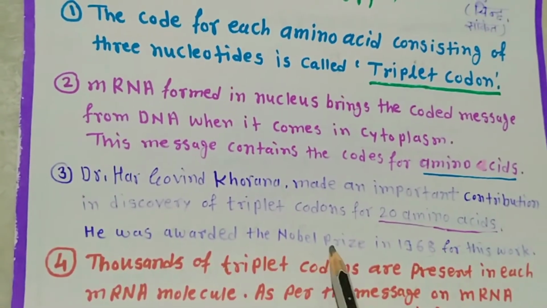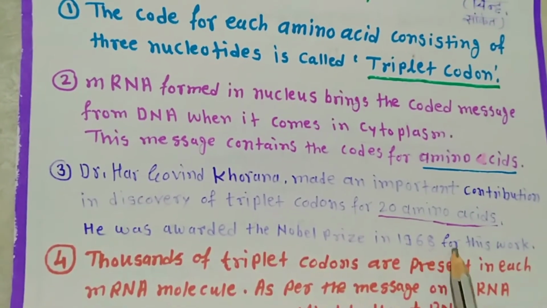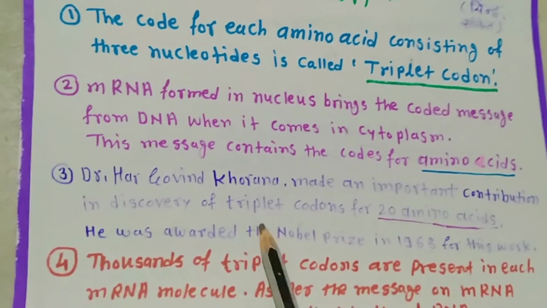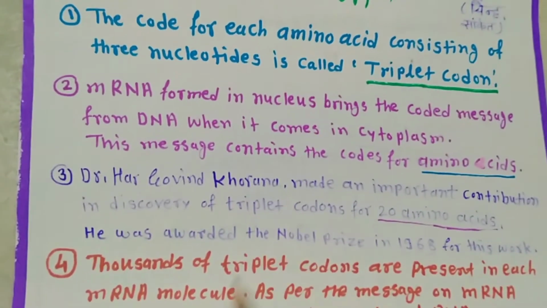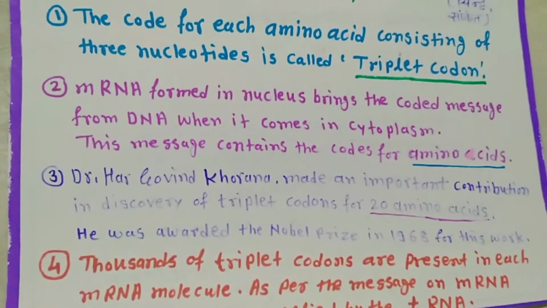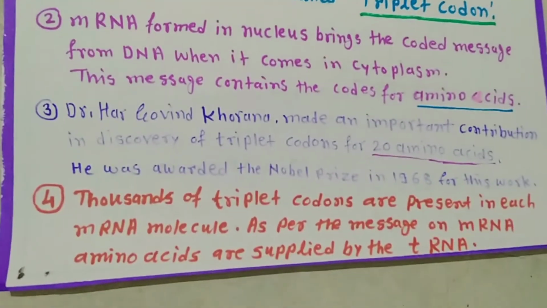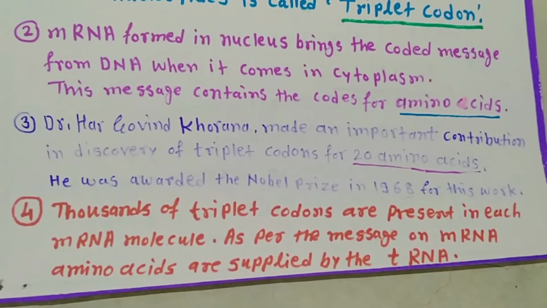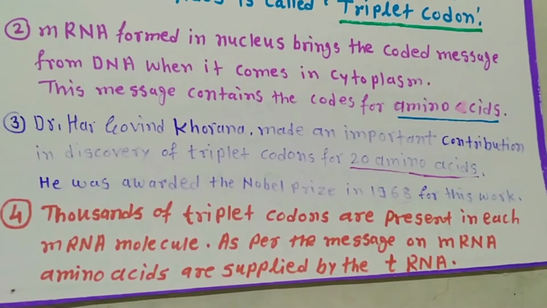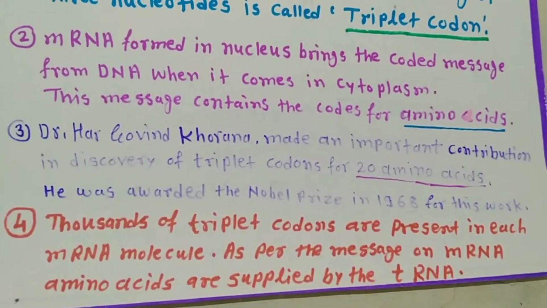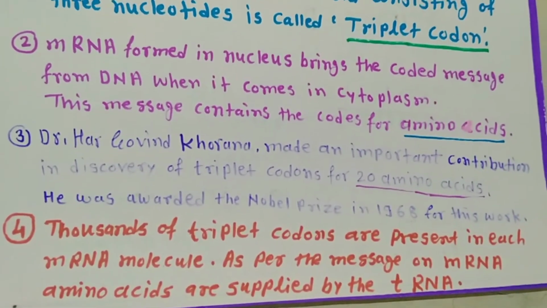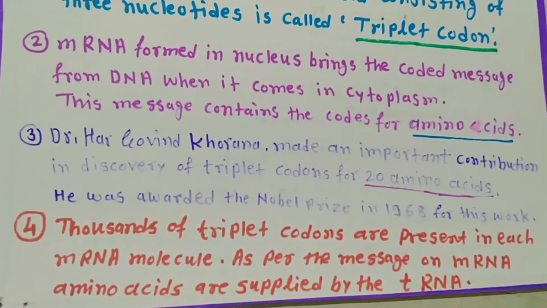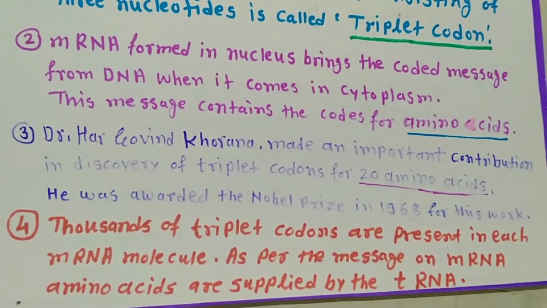He was awarded the Nobel Prize in 1968 for this work. Thousands of triplet codons are present in each messenger RNA molecule.